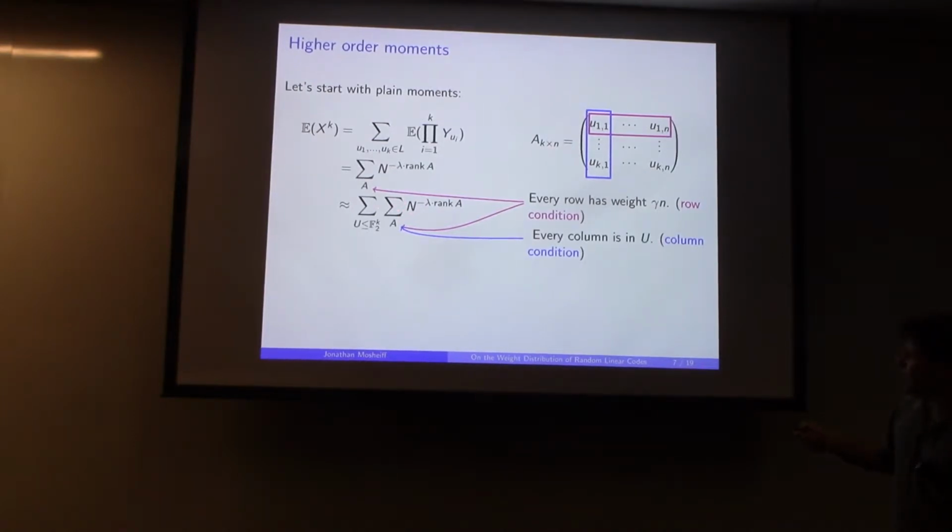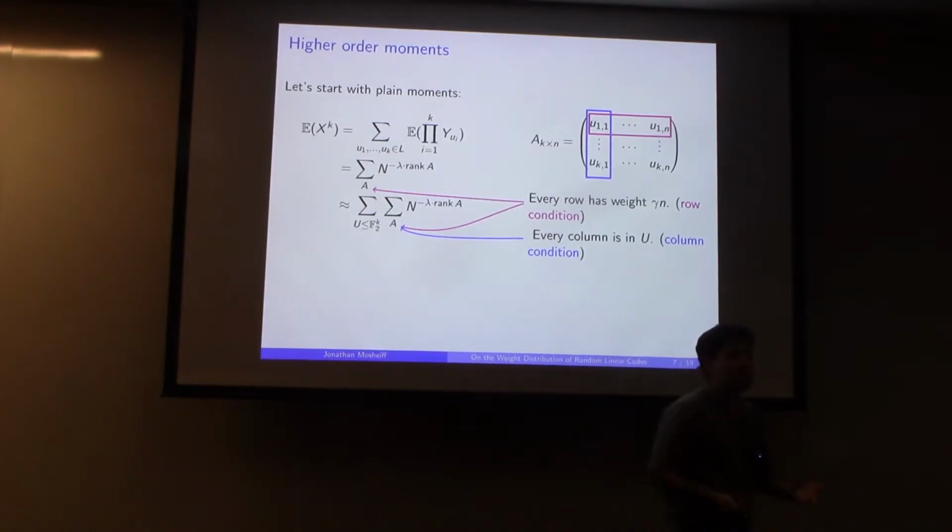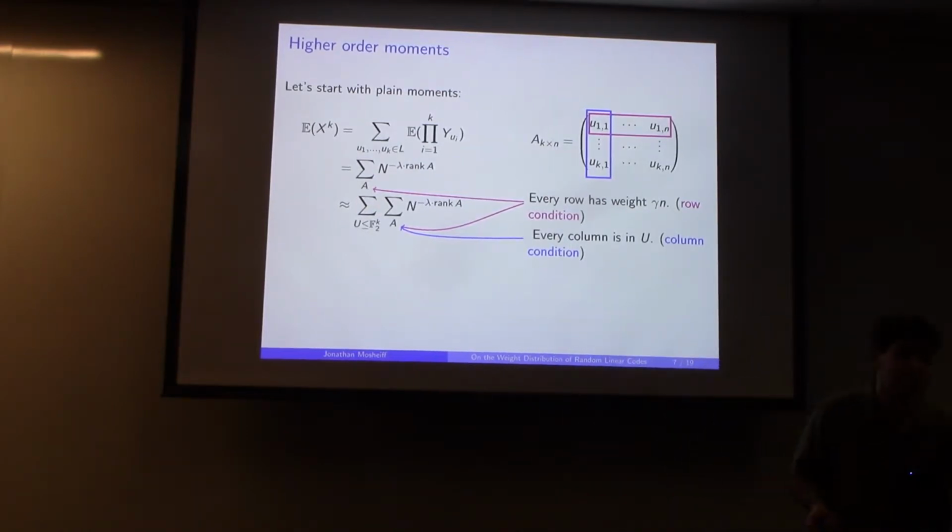Specifically, this approximation is due to a small lie that I'm giving here. If I really want to classify matrices according to their column space, then what I really need to do is ask that the columns of the matrix really span this U that I'm summing over here.